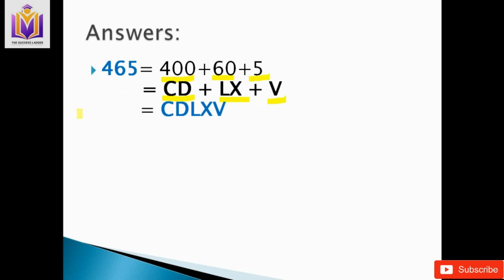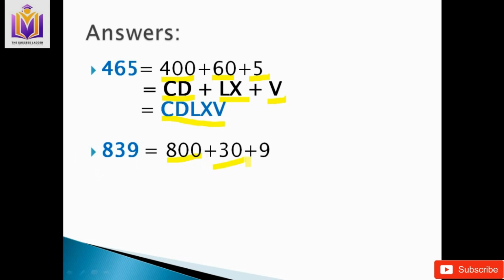And now we can club it all together. So it is CD LX V. This is the Roman numeral for 465.